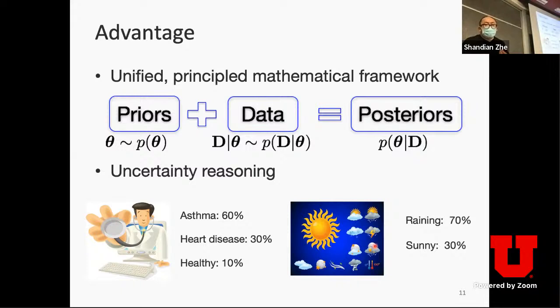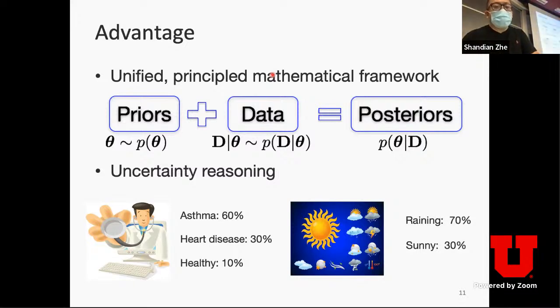So overall, Bayesian learning or probabilistic learning provides a unified and principled mathematical framework in the learning procedure, to imitate human learning behavior, which is important for artificial intelligence.